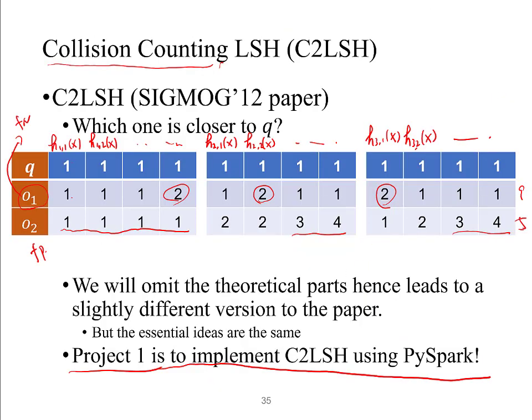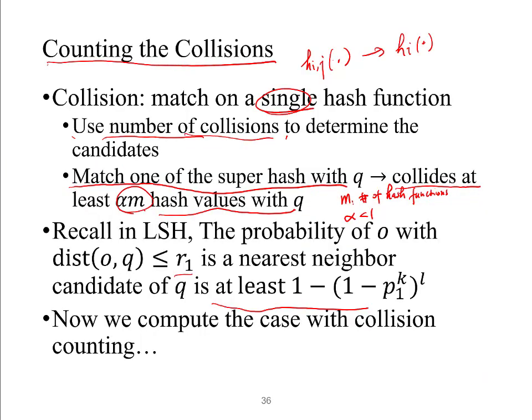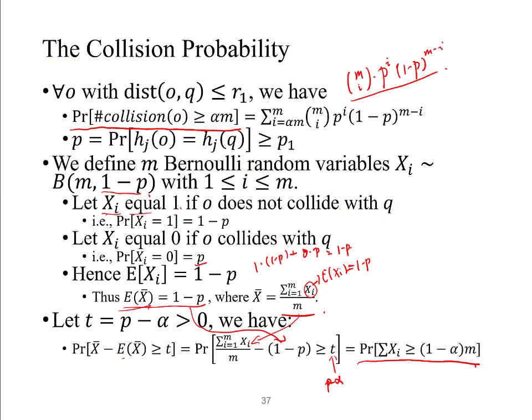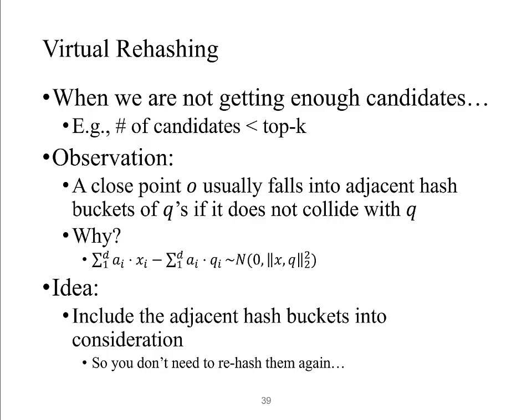Speaking of tuning W, here comes the idea in C2LSH, which is called virtual rehashing. The observation here is similar to the multiprobe LSH observation, where a close point O usually falls into adjacent hash buckets of the query if it does not collide with the query.